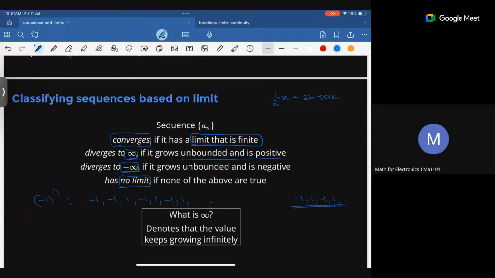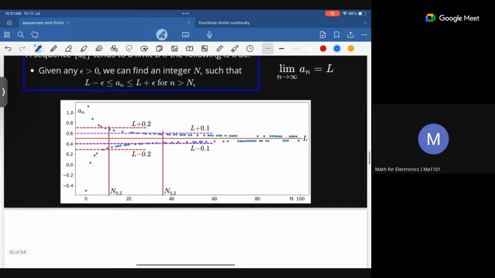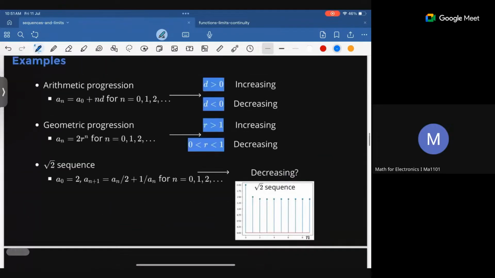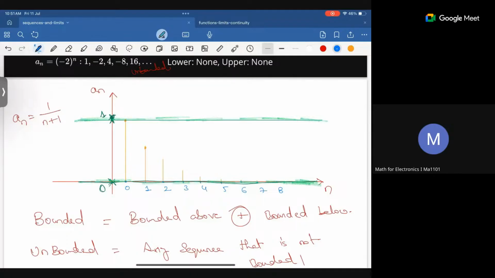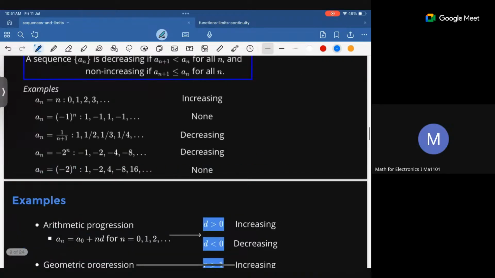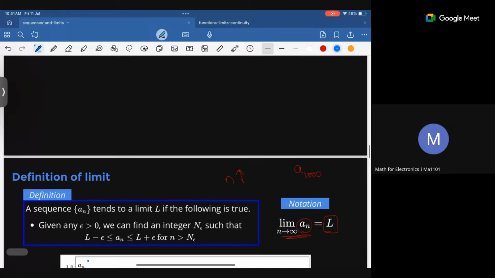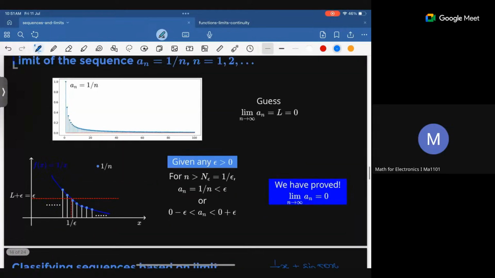So as I said, bounding should happen with respect to horizontal lines. So that expression which you said, half x plus sine 50x, if I can plot it, I will just plot it roughly, okay?